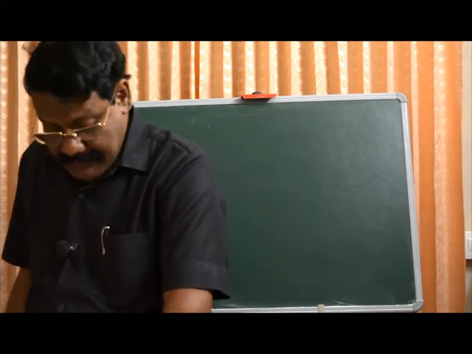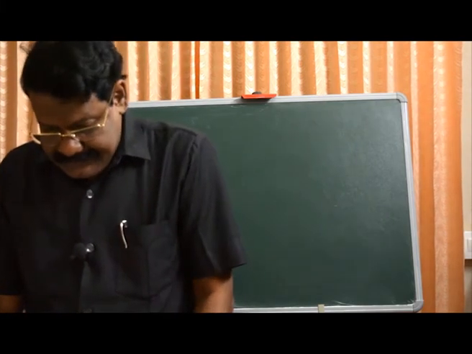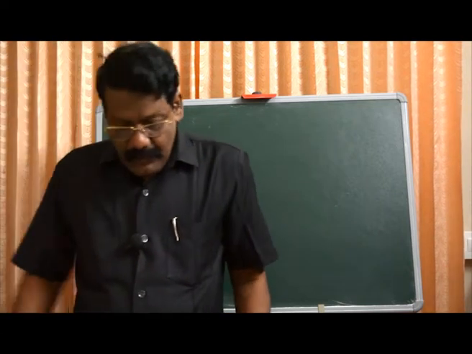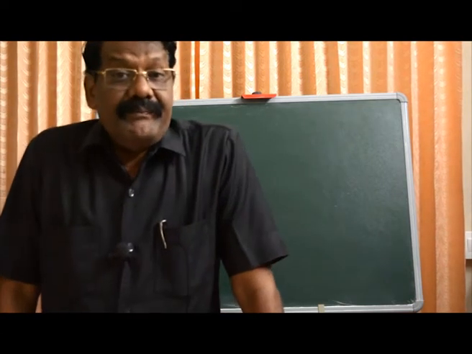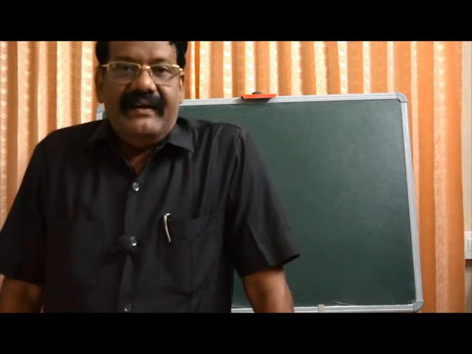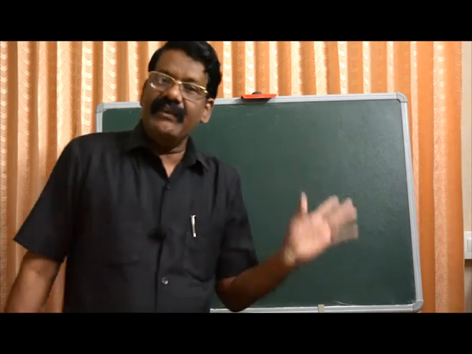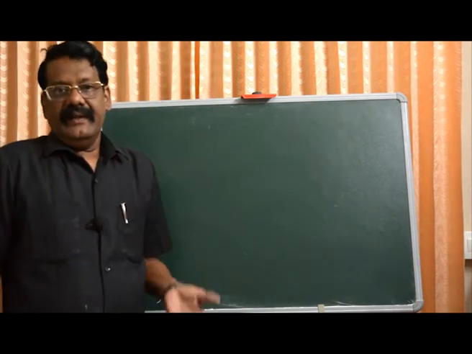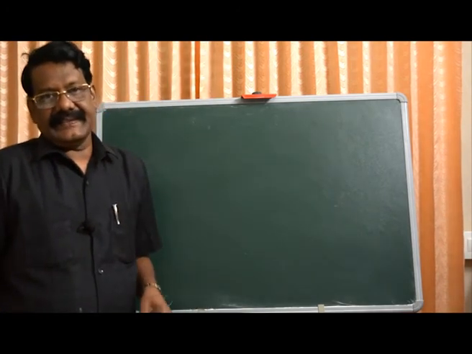Now I had told you we have to go through one more mathematical tool called the Levi-Civita symbol. This is another very important tool to learn tensor analysis in depth.